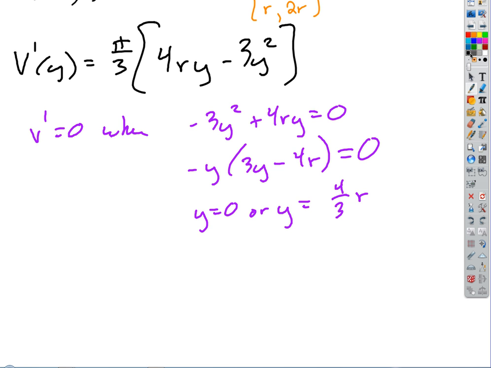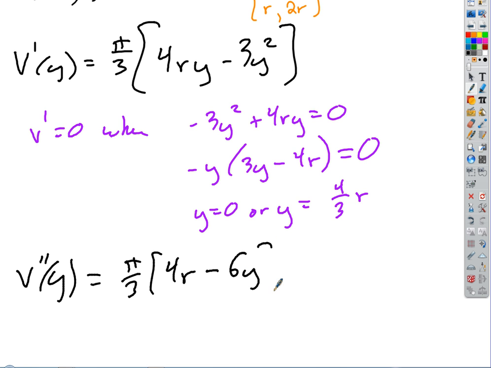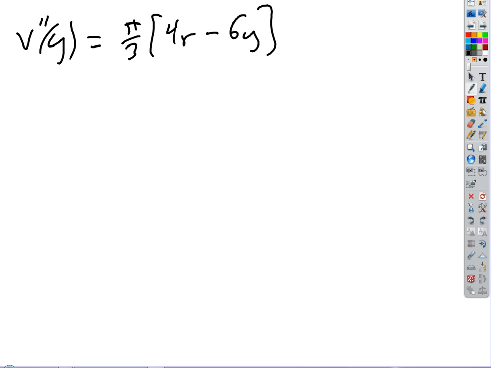So we might as well go second derivative, and it's gonna be what, pi thirds times, and we can make our table.